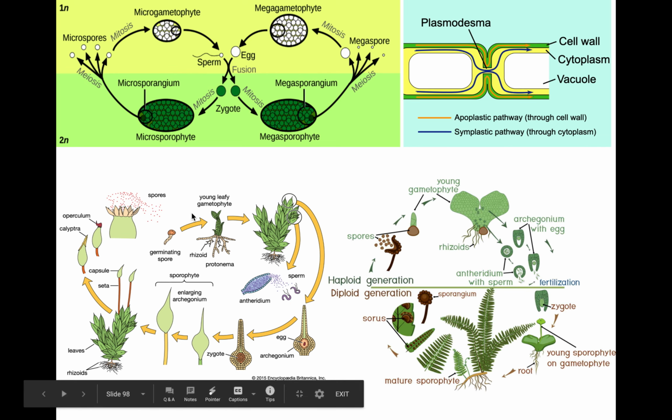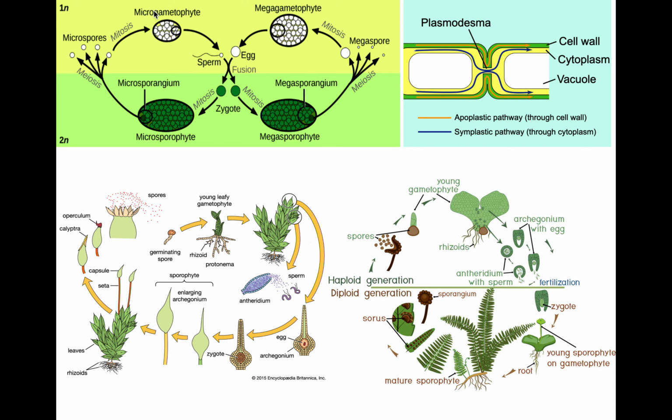Here's the moss. The antheridium actually gives rise to the sperm, whereas the archegonium gives rise to the egg, or is part of that structure. So that's not right.